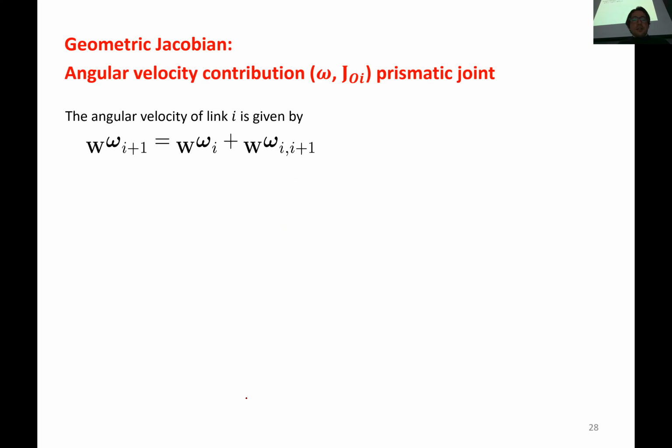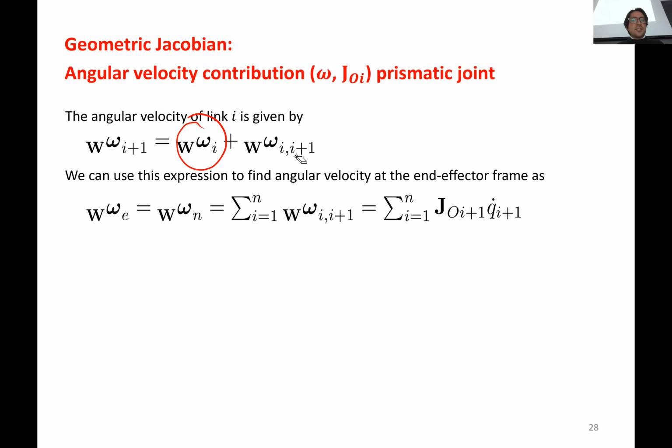Okay, so the angular velocity contribution. Let's start with the prismatic joint. We have the angular velocity of a given link, as we defined it in the previous slides, which is the angular velocity of the predecessor link plus the angular velocity contribution from i to i plus 1. Okay.